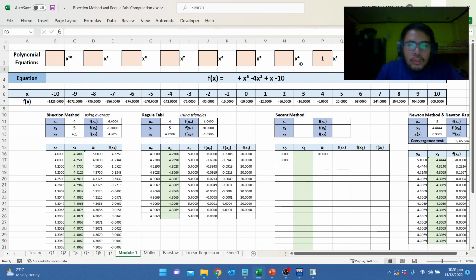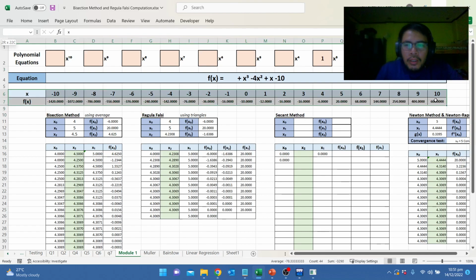As you can see, when you input the coefficients of each degree of x, the function is shown here: x cubed minus 4x squared plus x minus 10. These are the different values of x and their corresponding f of x. So we choose the values of x as 4 and 5.